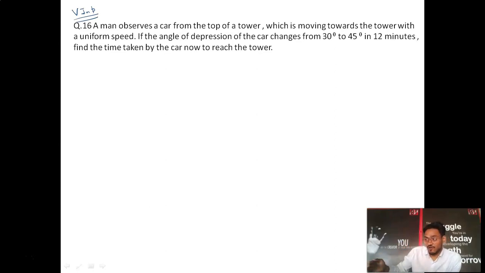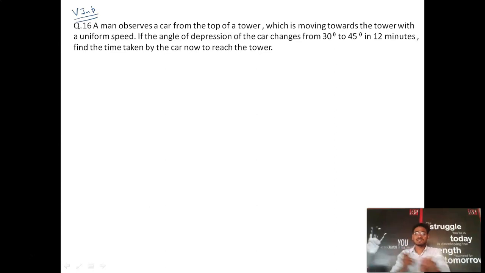In 12 minutes the car moves towards the tower, and the angle of depression changes to 45 degree. We have to find the time taken from this point, where the angle of depression is 45 degree, to reach the foot of the tower.